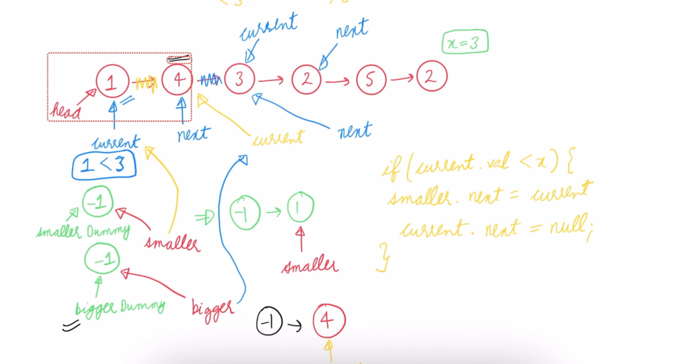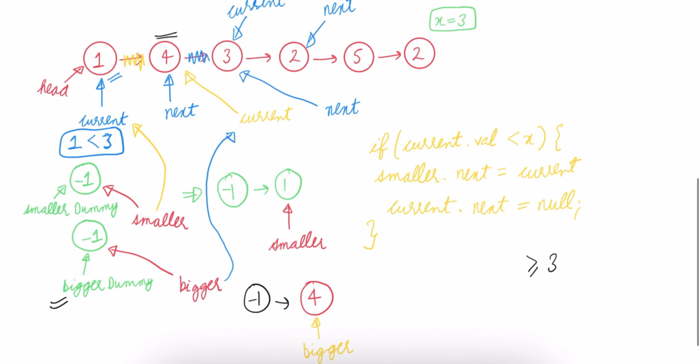So now we are at node 3. So node 3, its value is greater than or equal to 3. So it's going to come in my bigger list.